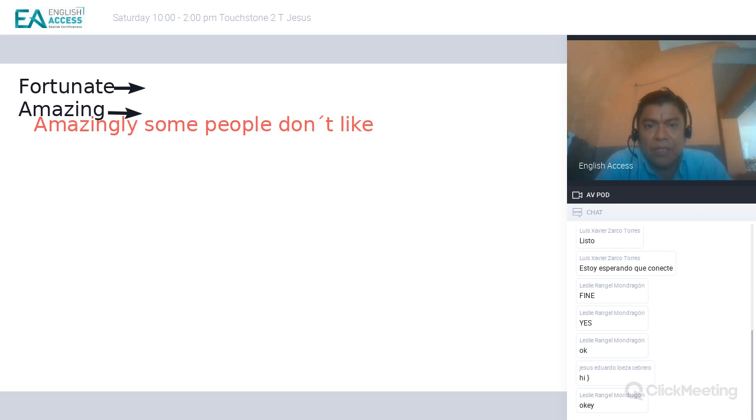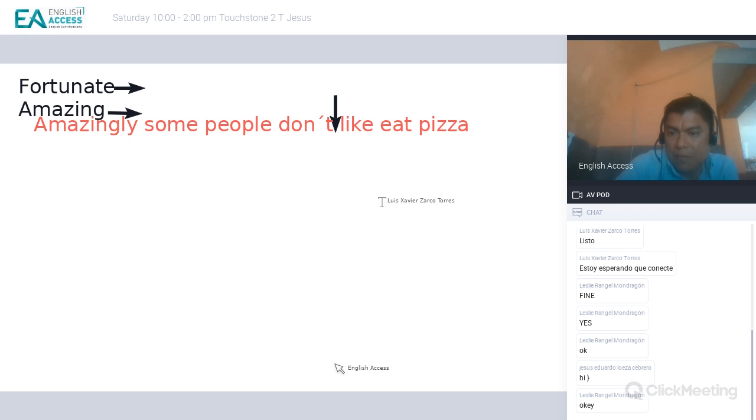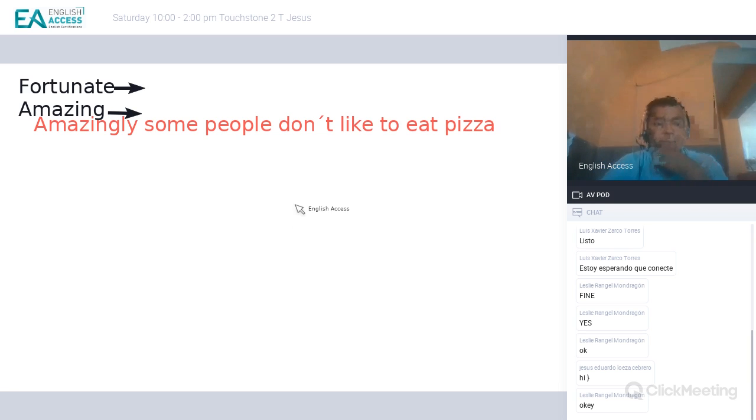There you go. Don't like. That's a verb. What do you need between the verb and verb? You're missing something between the verb. I'm sorry, let me erase my little arrow. Yes, amazingly, some people don't like to eat pizza.